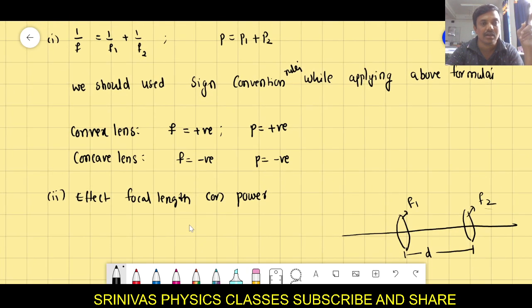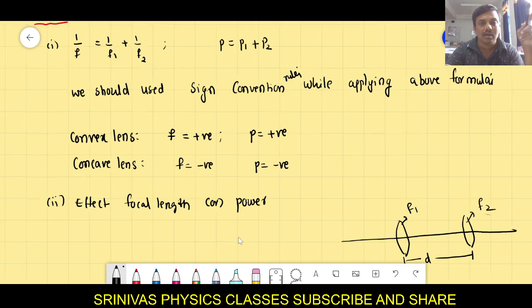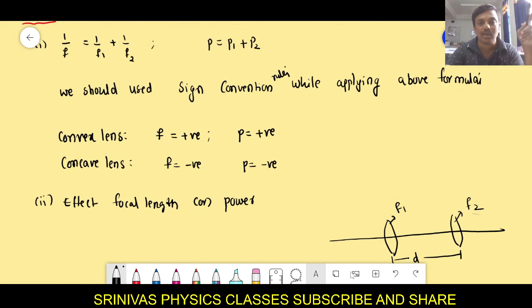If two lenses have a certain gap, there is some separation d between the two lenses, at that moment the formula for the effective focal length is 1 by f is equal to 1 by f1 plus 1 by f2 minus d by f1 f2.